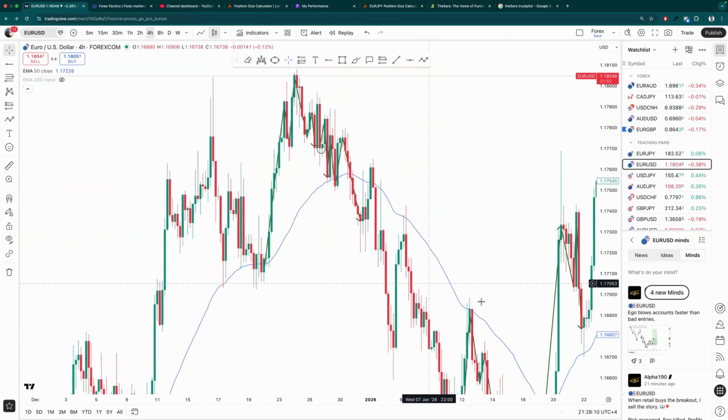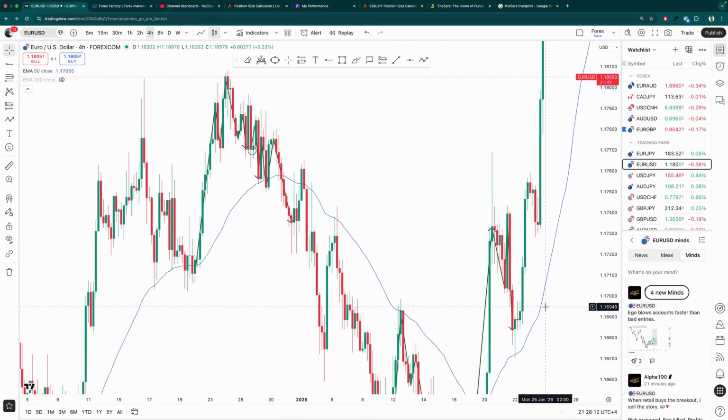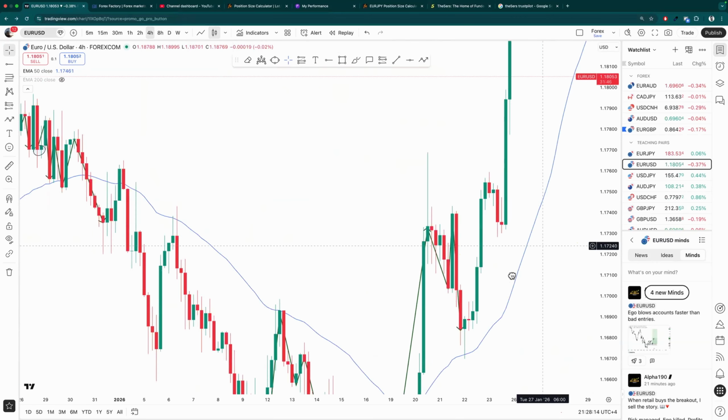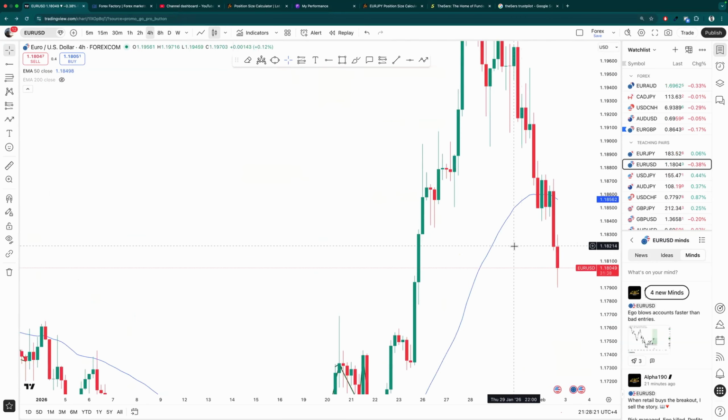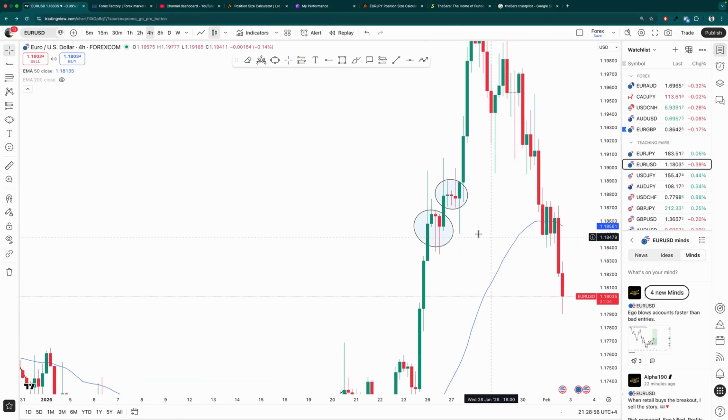Now this is, I guess, very much clear to you guys now. What is a higher high? What is a higher low? So tell me, what are these points? What is this point? Right here, this point.